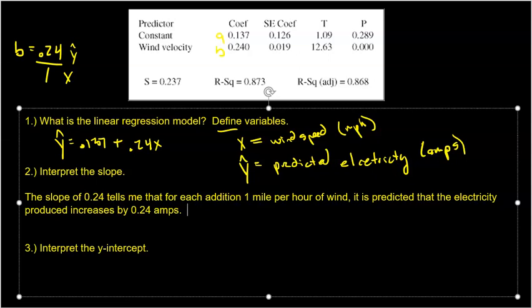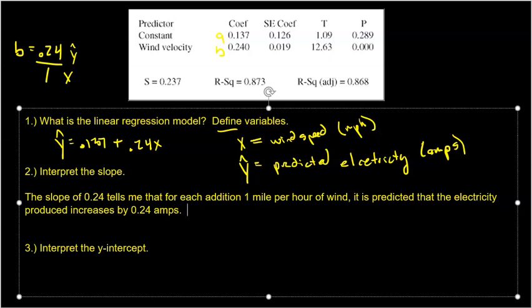So that's a really nice way of saying it, but essentially we're just simply saying, hey, for every 1 more mile per hour of wind that hits this windmill, we are predicted, make sure you have that word predicted because there's no guarantees here, to get 0.24 more amps of electricity. Obviously, you could write this sentence several different ways and still get it correct, but it has to have that flow, that for every 1 more mile per hour of wind, we're predicted to get 0.24 more amps of electricity.